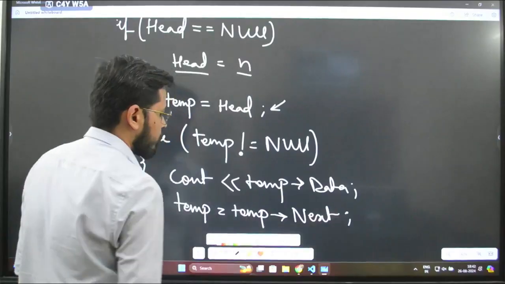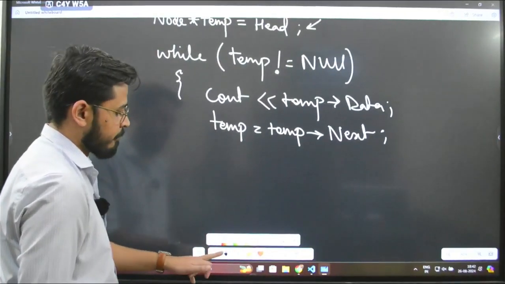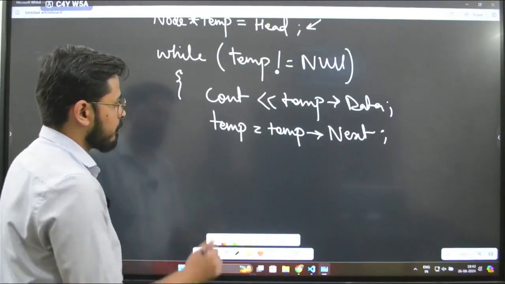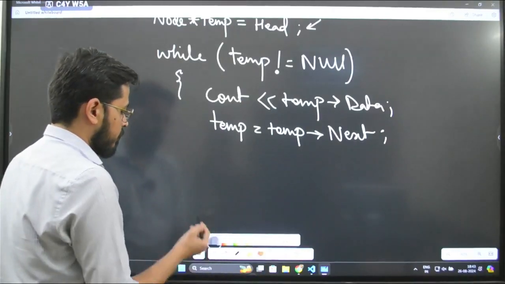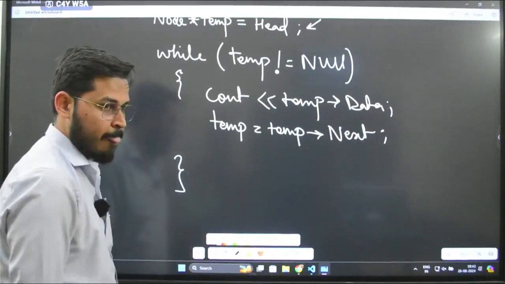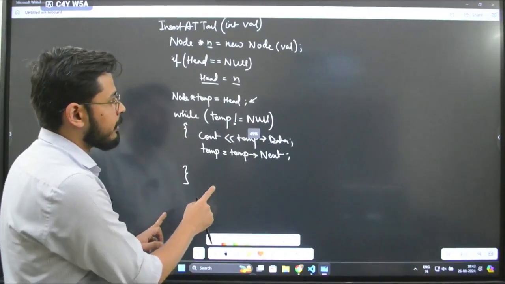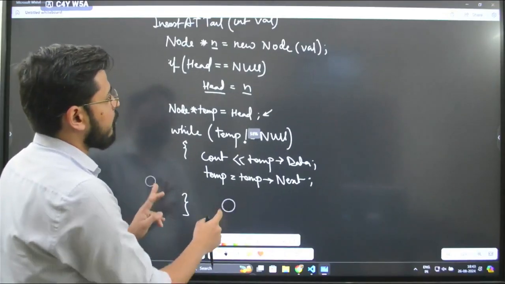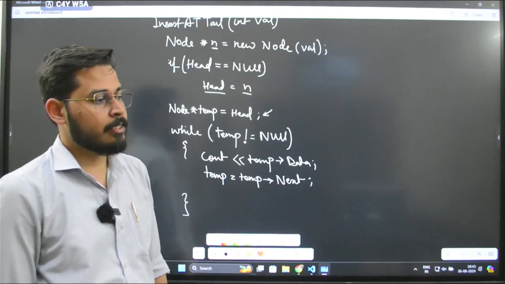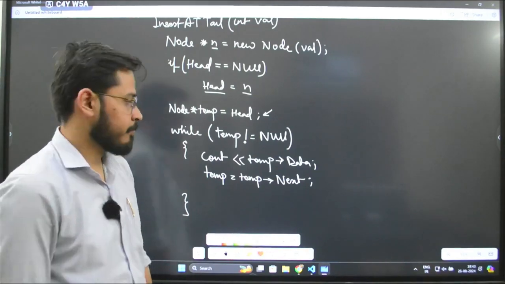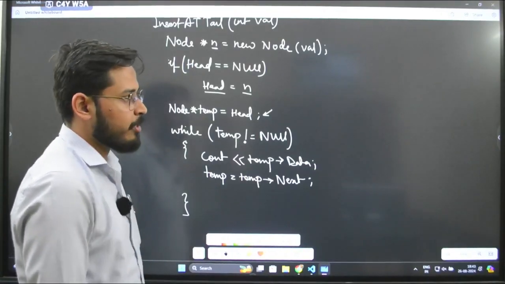Temp is equal to temp of next. Clear? Bus, this is done. So it will keep on doing this until it reaches the last, and this is going to be the logic for insert at tail. I hope this is very much clear to everyone.